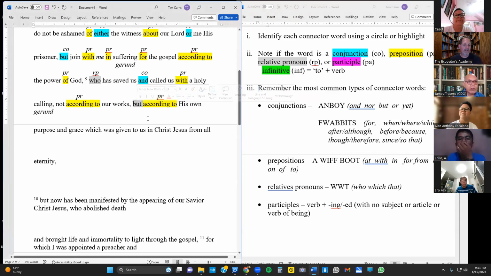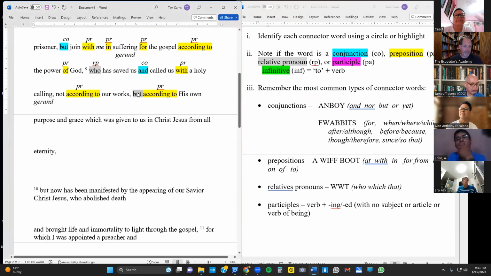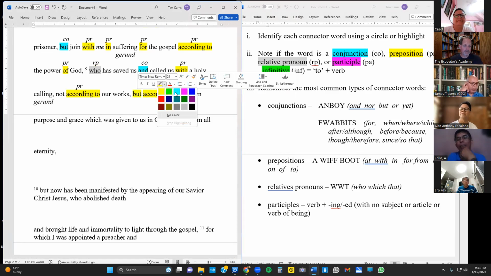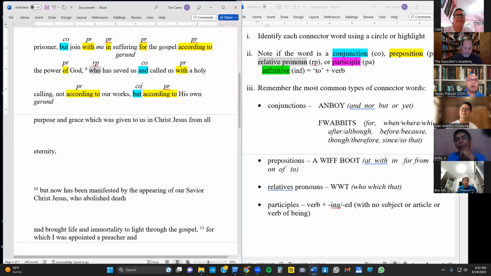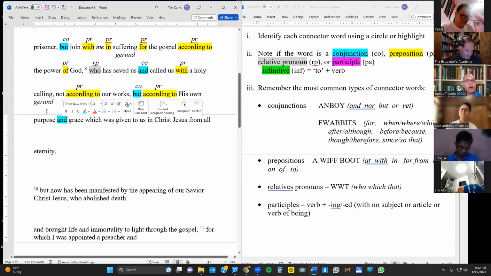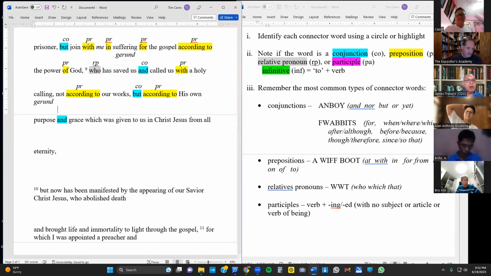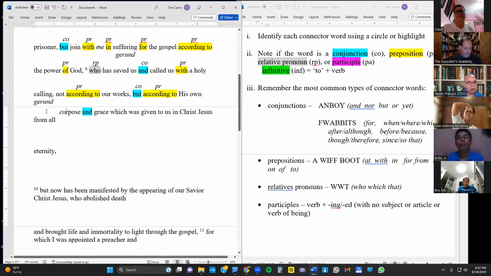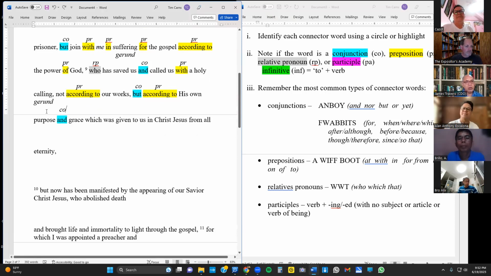"But." What kind is that? Coordinating conjunction. "Calling" is a gerund. So we're going to put CO for conjunction. All right. Any other? "And," which is also a coordinating conjunction. "Which." Yes. What is "which"?